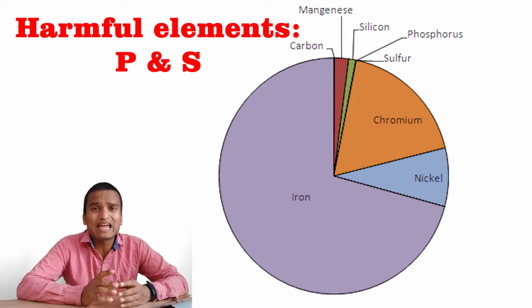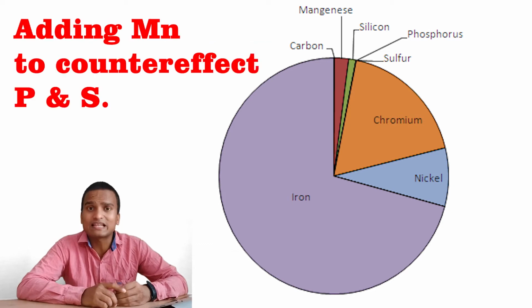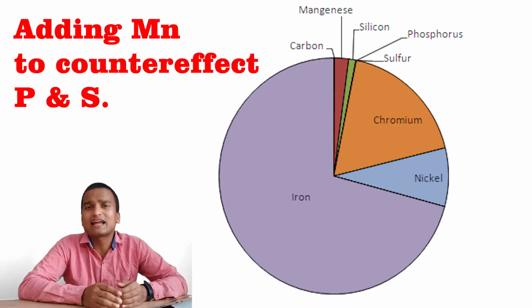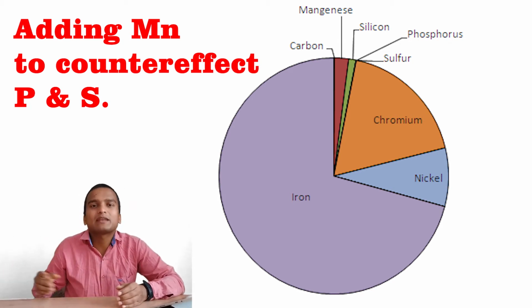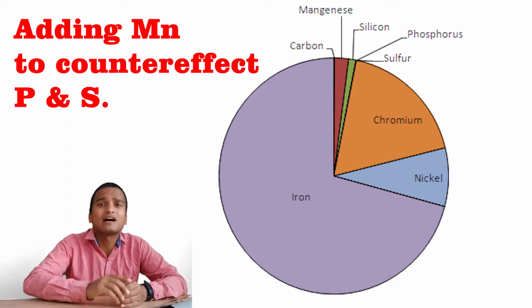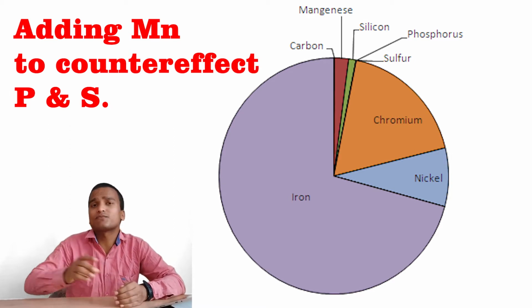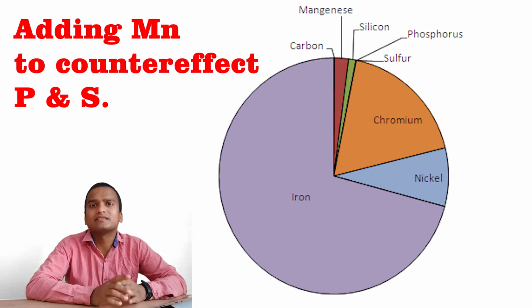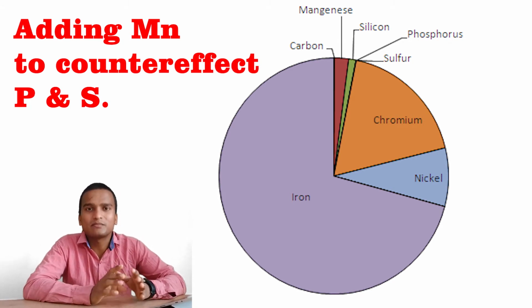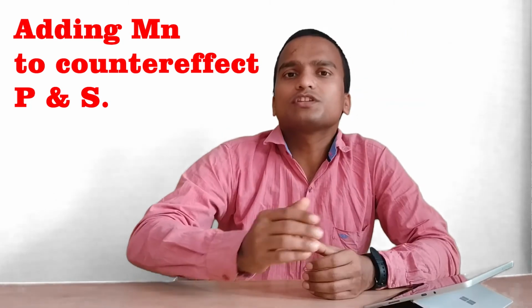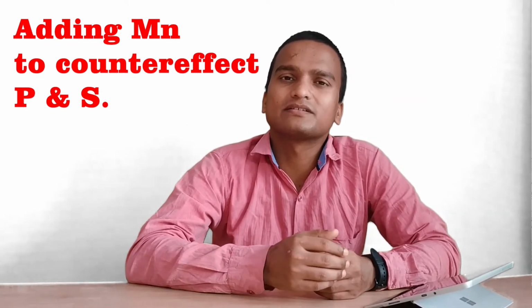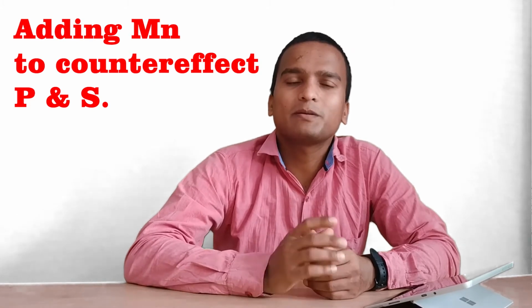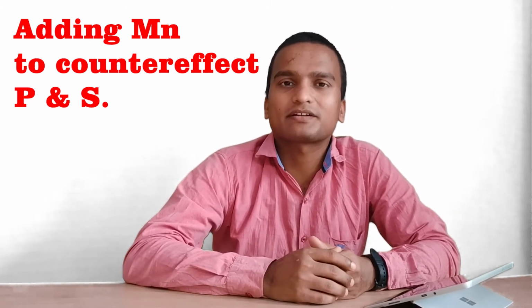To reduce that harmful effect, we add manganese. When manganese is added to the steel, it forms manganese sulfide and manganese phosphides, which are less harmful than iron phosphides and iron sulfides, and the toughness of the steel remains constant. So the advantage of adding manganese into steel alloys is that it sacrifices itself but keeps the iron properties intact.